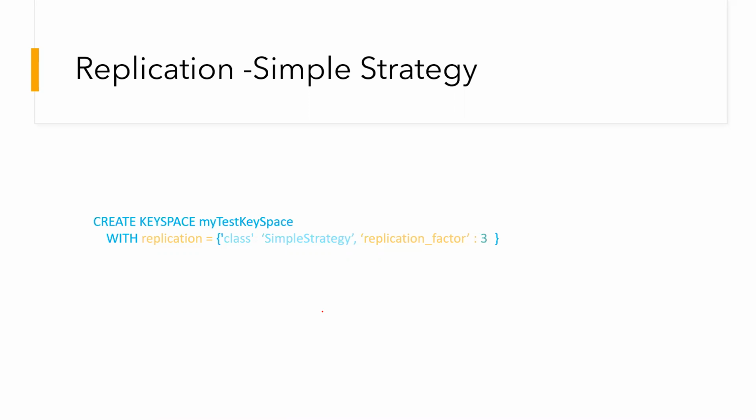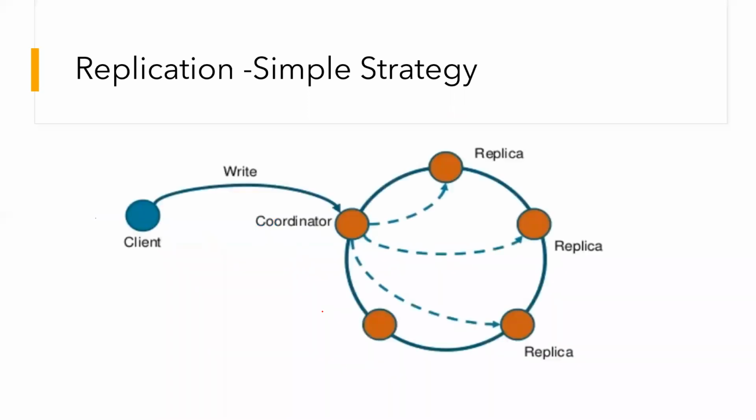On simple strategy of replication, it goes round robin: the client provides a request to the node, and the coordinator will distribute that data on the replicas in a round robin fashion.